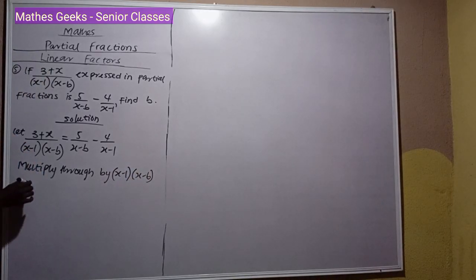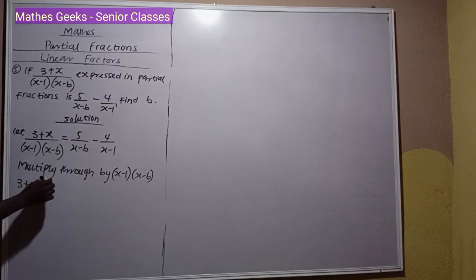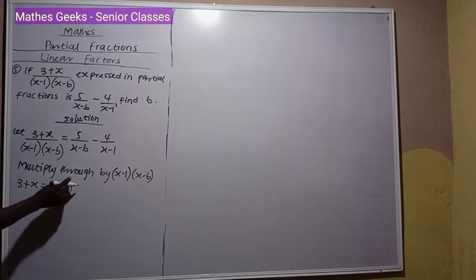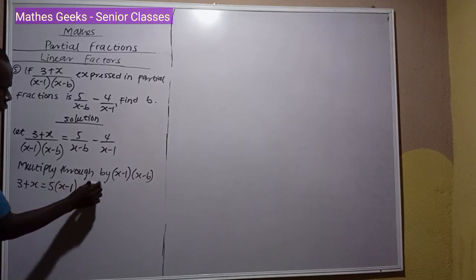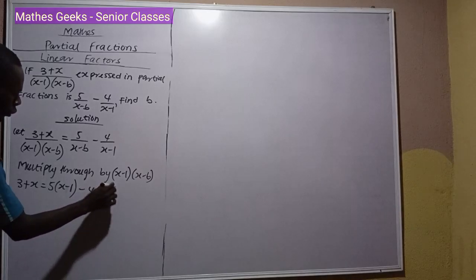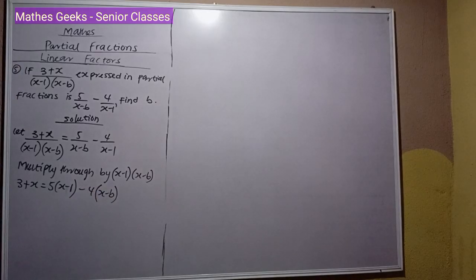So here 3 plus x and 5, x plus 1, x plus 1 minus 4, x minus 2. So we open bracket.